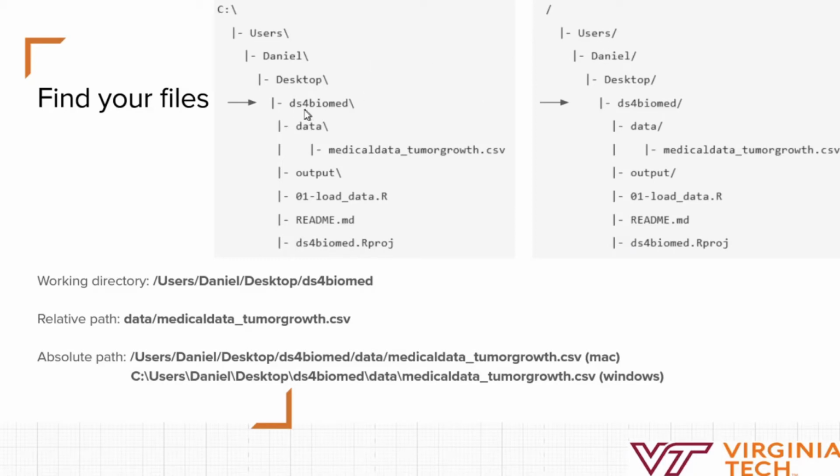Currently we're in this ds4biomed folder. Right now it's on my desktop. It's technically ds4biomed-learner. When we talked about RStudio projects, this is your starting point. That is known as your working directory. So all of the stuff beforehand doesn't really matter, because we're working with a project, all it cares about is where that folder is, and that's your starting point.